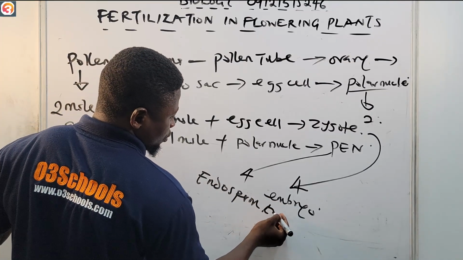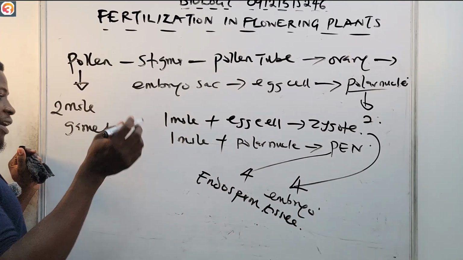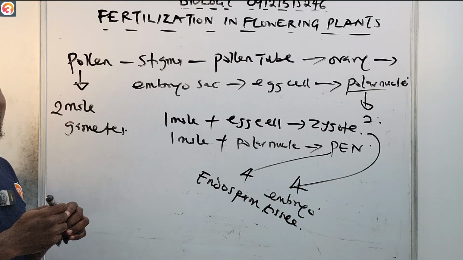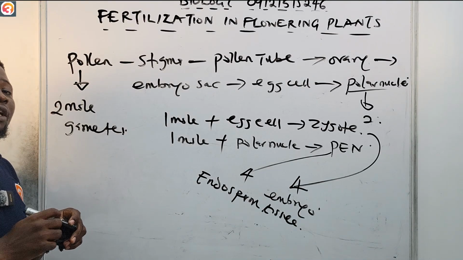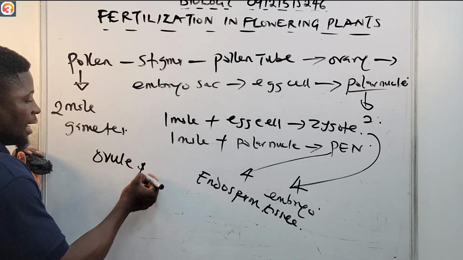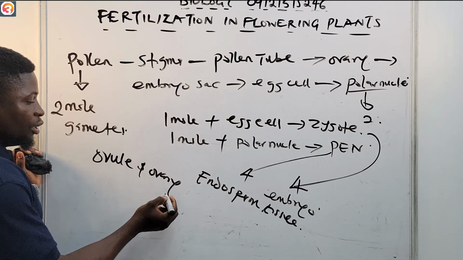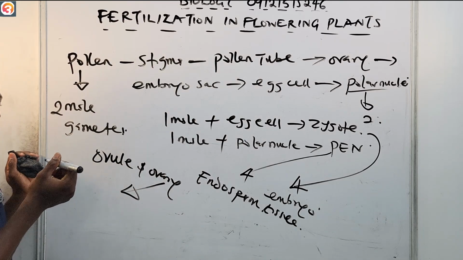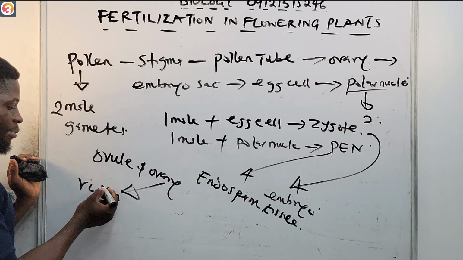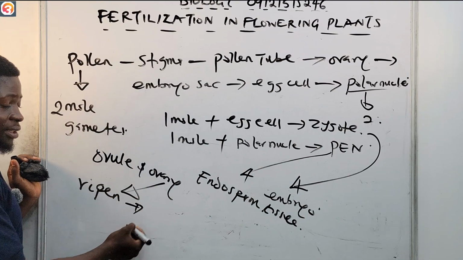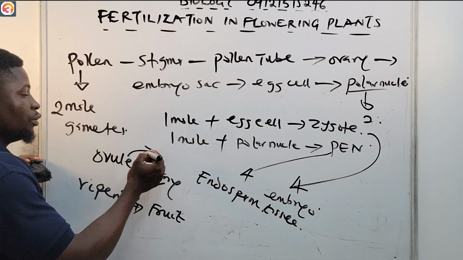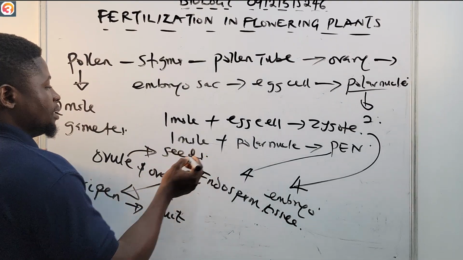After fertilization, all the other parts of the flower, like the sepal, the petal, the stamen, will wither off, leaving only the ovule and ovary. The ovary will develop and ripen to form the fruit, while the ovule will develop into the seeds.